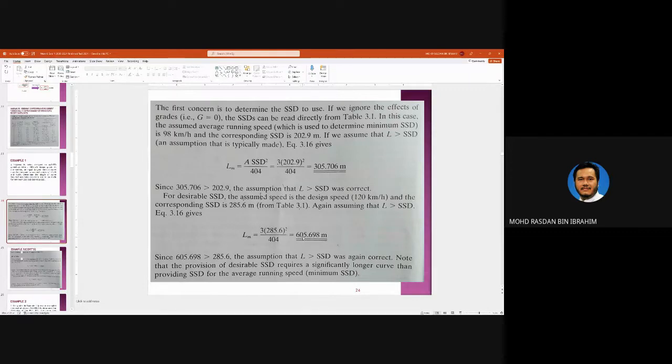So indeed, 605 is longer than 285.6. Okay, so that is the L value. Note that providing this desirable SSD requires a significantly longer curve than providing SSD for the minimum average running speed. So from 300 to 605.